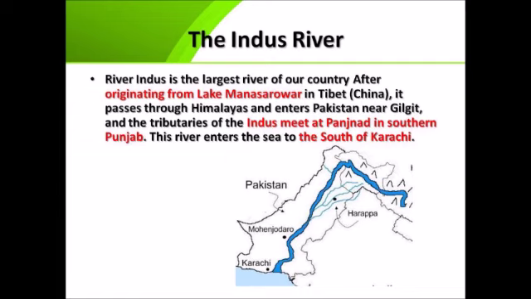After originating from Lake Manasarovar in Tibet, China, it passes through the Himalayas and enters Pakistan near Gilgit, and the tributaries of the Indus meet at Panjnad in southern Punjab. This river enters the sea to the south of Karachi. Dear students, you can easily see in the picture which is given below.